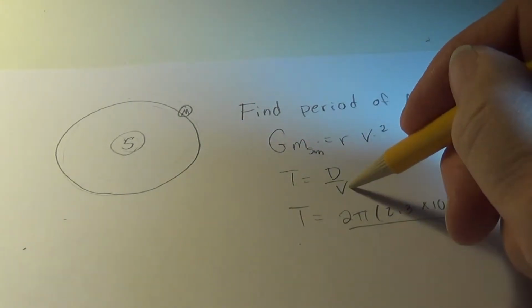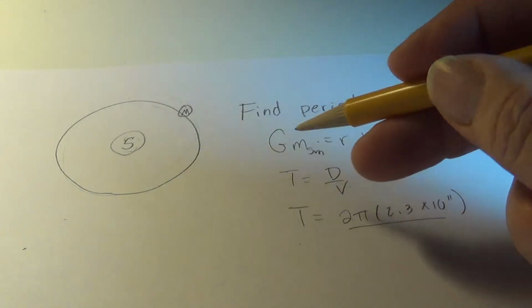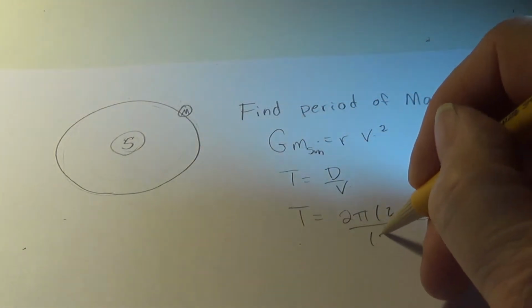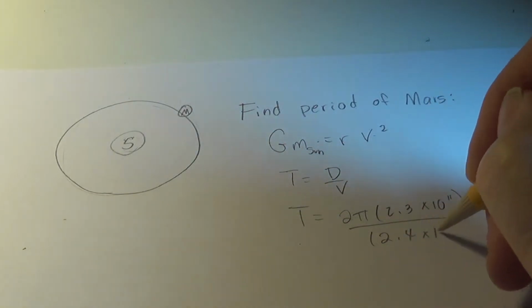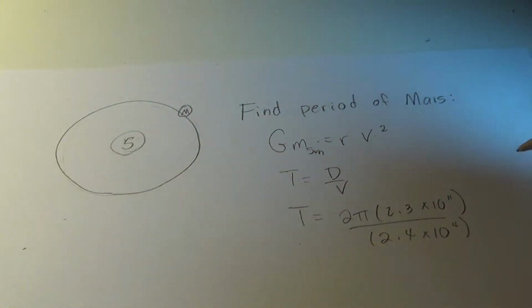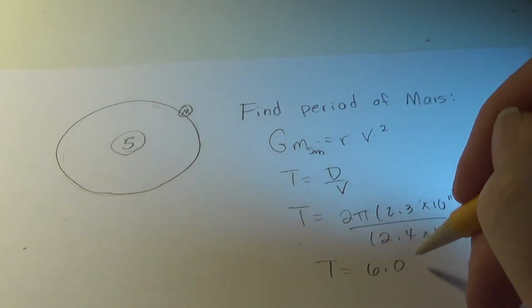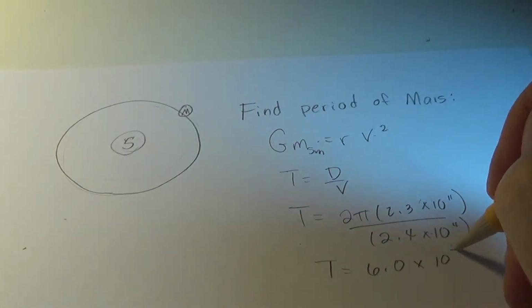We divide by the velocity we calculated on the last problem, 2.4 times 10 to the 4th meters per second. So when I divide that, I get 6.0 times 10 to the 7th seconds.